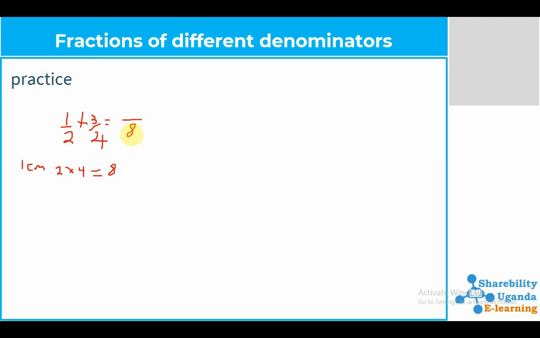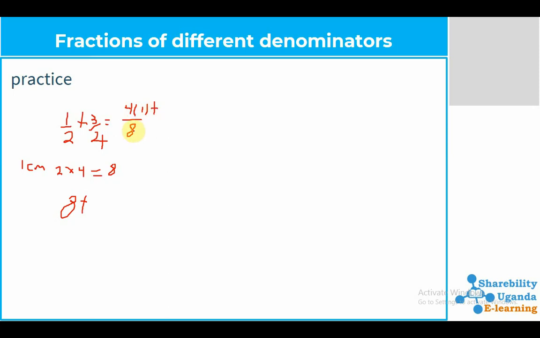So we shall say 8 divided by 2, step by step. 8 divided by 2, we get a 4. Let me write it in full. We get a 4 times 1. Let me put a bracket here, and we also add.